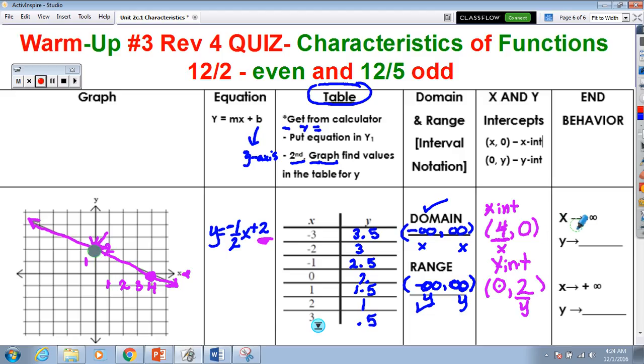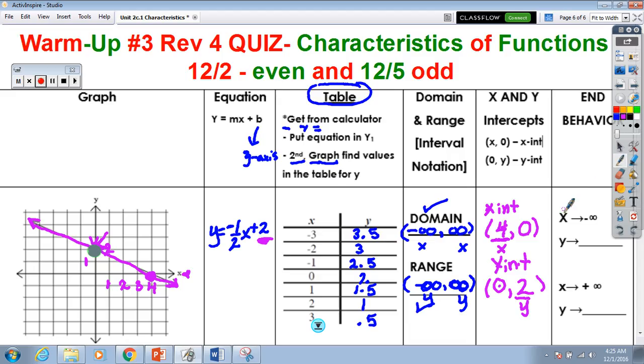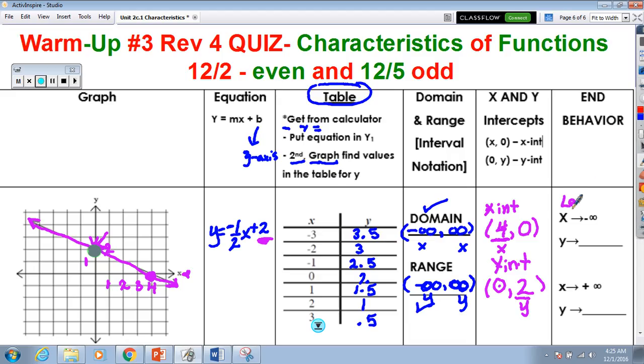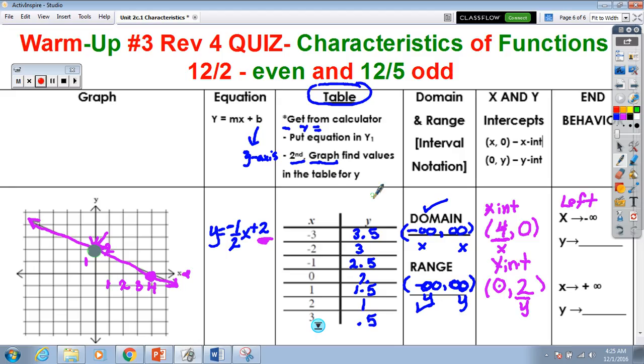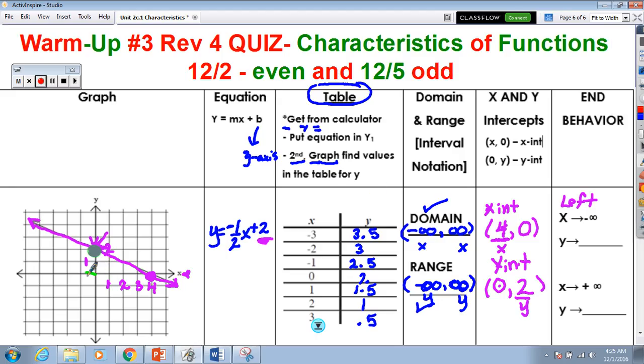Now when this says as x approaches negative infinity, all they're saying is look at the left side of the line, because this part of the line is where x is negative. Okay, so notice up here they said where x approaches negative infinity. So as x moves this way, what happens on that side of the line?